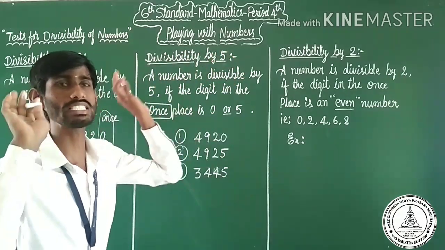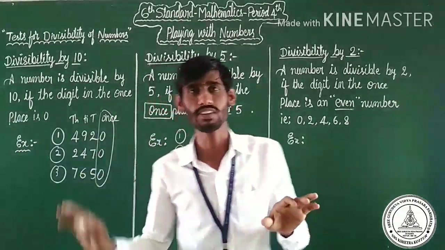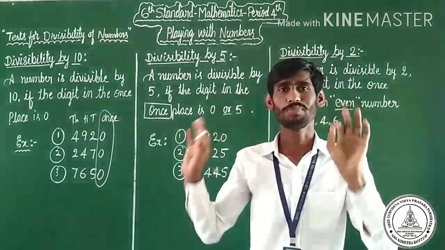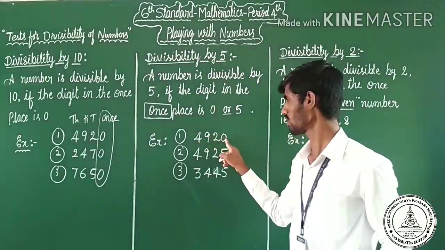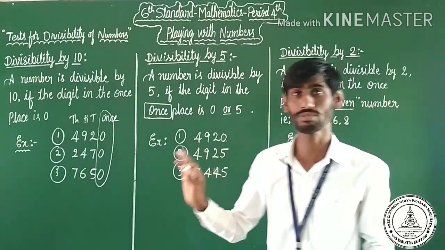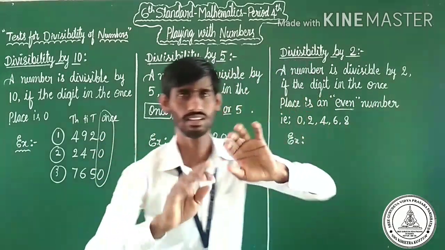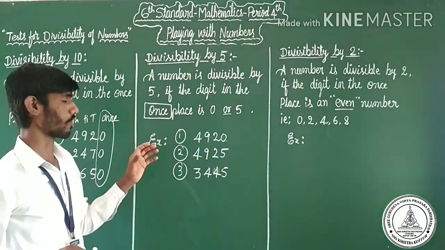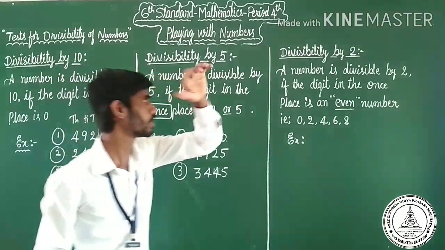If any number ends with 0 or 5, you can decide that particular number passes the divisibility by 5. If the ones place is 0, it passes the divisibility by 10. So it's a very easy concept.